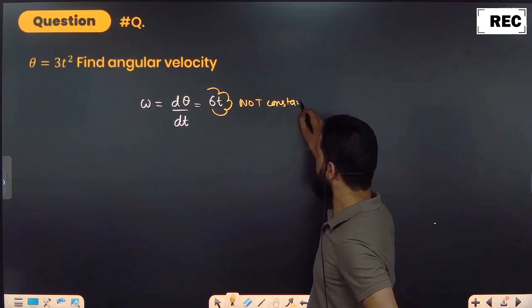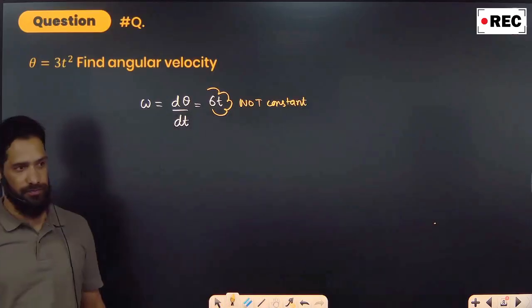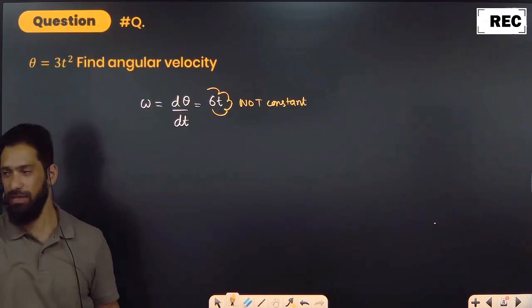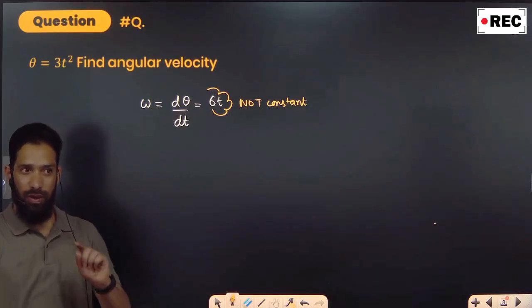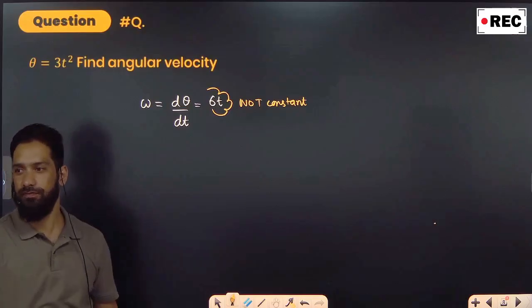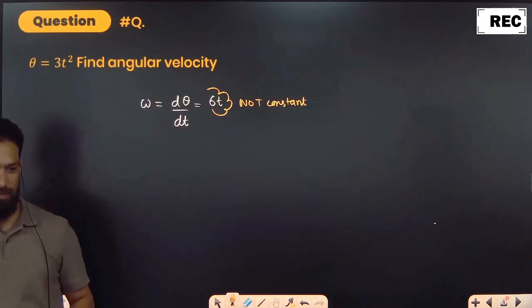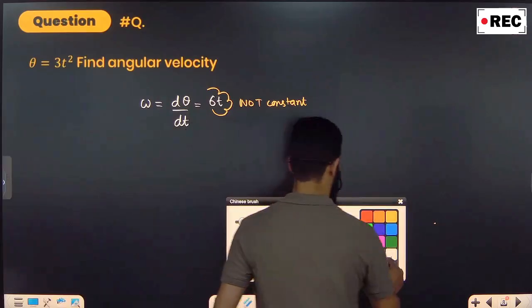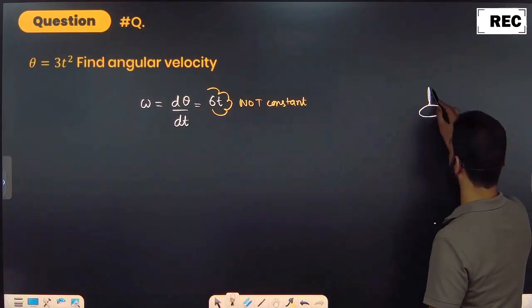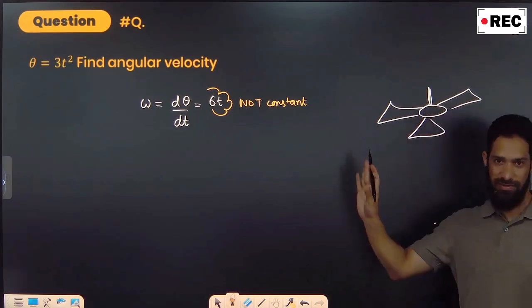Can you give examples of when omega is constant and when it is not constant? Some physical examples. Take the example of a fan. In the beginning, when you switch on the fan, it was at rest.